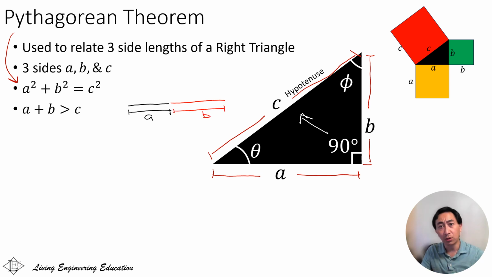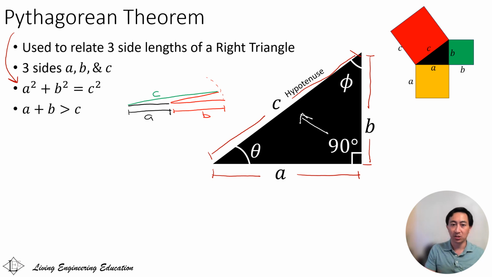If it's completely flat, we don't have a triangle, we have a straight line. So in order for me to get a triangle, I rotate this B line, and then I connect these two points, and I get my length C.